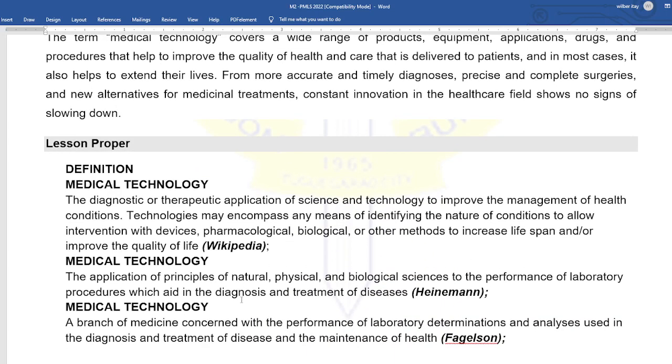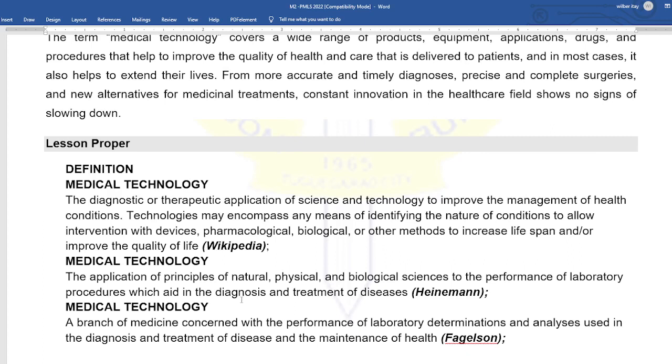So for the definition of medical technologies, there are actually several definitions. According to Wikipedia, medical technology is about the diagnostic or therapeutic application of science and technology to improve the management of health conditions. Technologies may encompass any means of identifying the nature of conditions to allow intervention with devices, pharmacological, biological, or other methods to increase lifespan and or improve the quality of life.